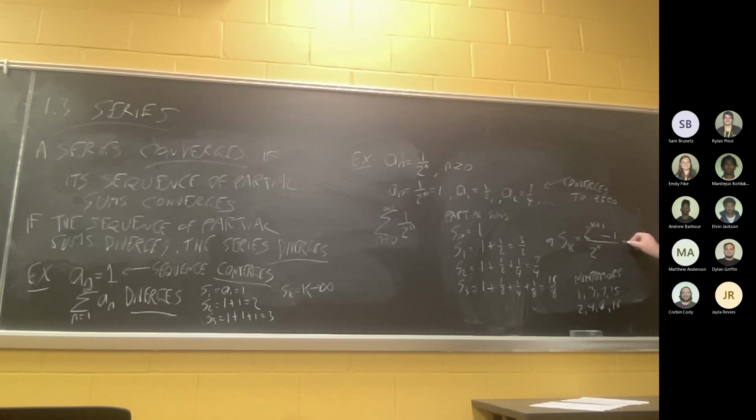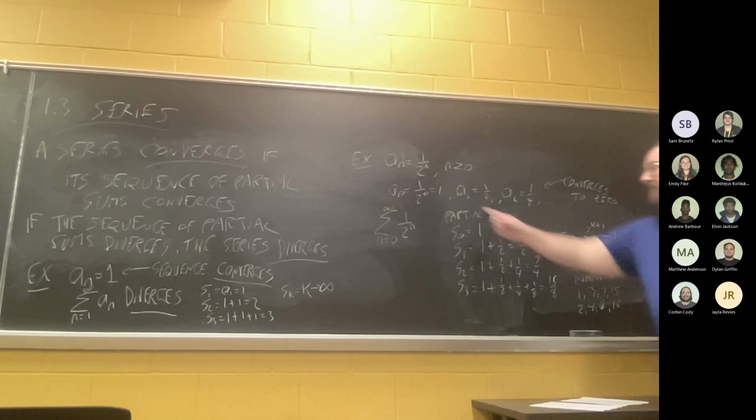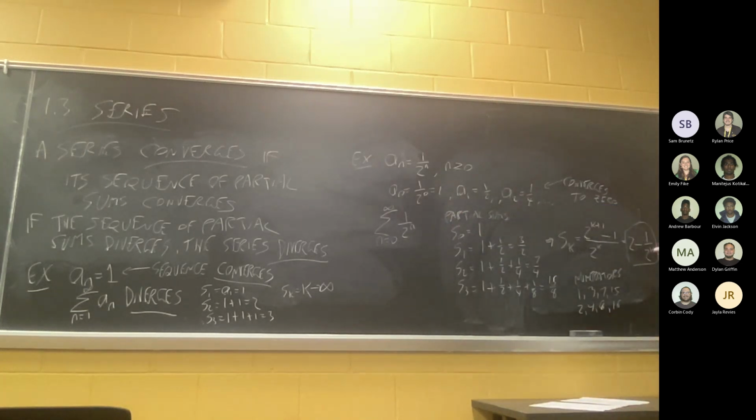Let's simplify this. We break it up into 2 fractions. 2 to the k plus 1 divided by 2 to the k is 2, the base. And then minus 1 over 2 to the k. So this is our general formula for the sequence of partial sums. If this sequence converges, then this series converges. Does this sequence converge as k goes to infinity?